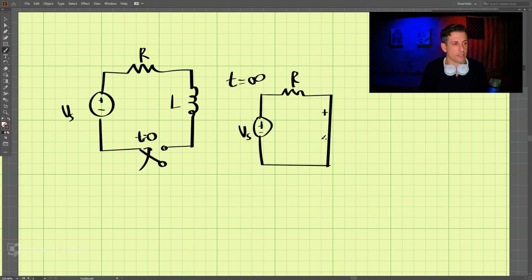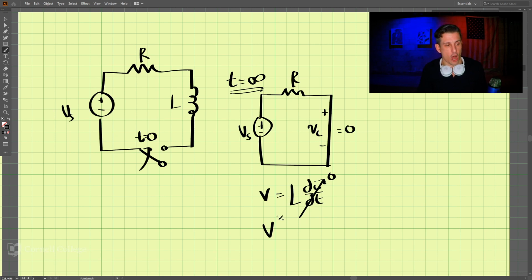Because the voltage across the inductor is equal to 0. We have the equation, the voltage across the inductor is equal to L di/dt. Now, if the current is constant at time infinity, then the voltage across the inductor is 0.